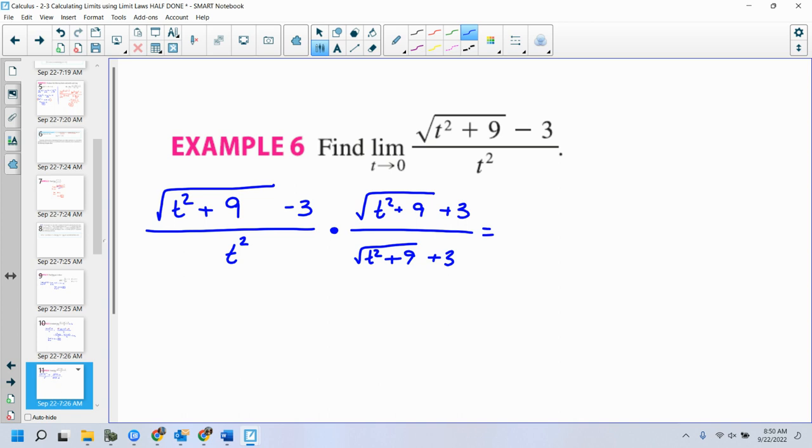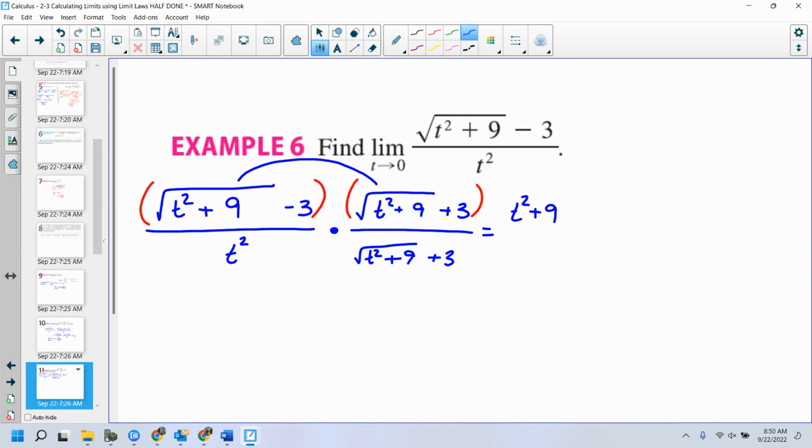All right, now you got to consider this as two big parentheses, right? You got to FOIL that. Okay, first, the square root of t squared plus 9 times the square root of t squared plus 9. Doesn't that just get us t squared plus 9? Multiplying two square roots together just takes off the radical. So t squared plus 9.